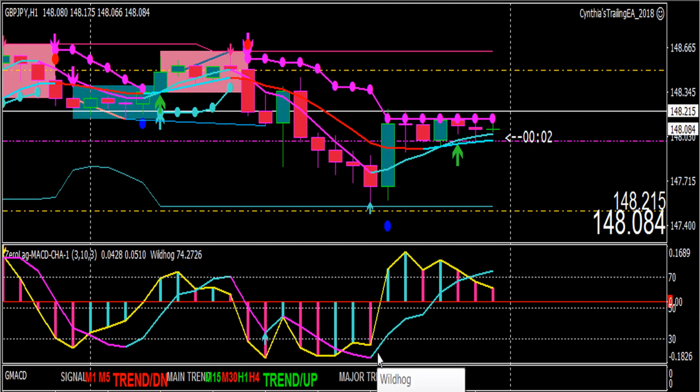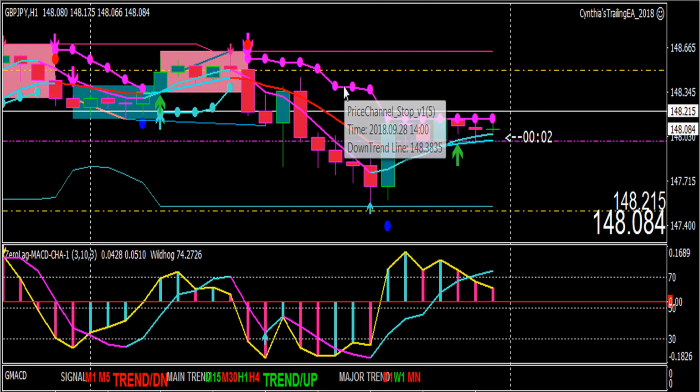And when the wild hog changed color, and especially when it crosses 30 RSI level, that's another indicator telling you to get out of your trade. And so all of these lines in the bottom window give you early exit so you can bag the most pips. The last actual type of trail you want to use is the SES dots.